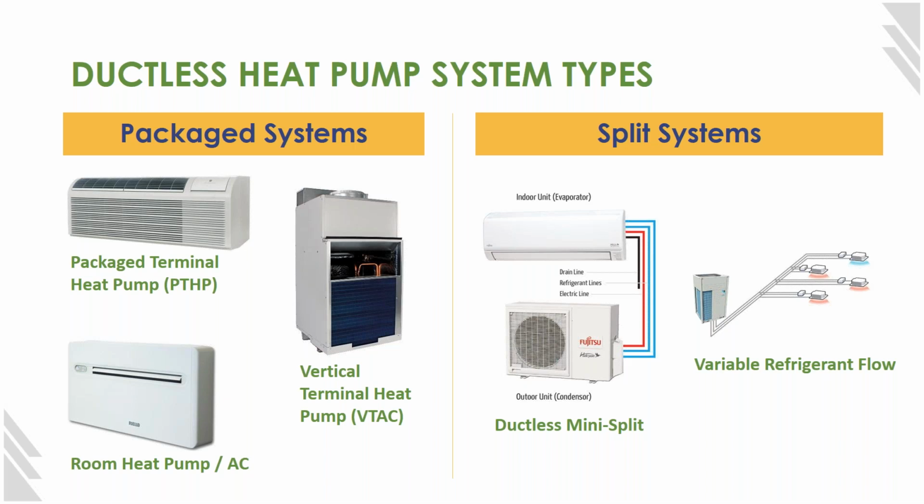And then a room heat pump, or AC. Now, on the split system side, we have largely two major system types: ductless mini splits and variable refrigerant flow, or VRF systems. So we're going to see examples of each of these and talk through the key ideas for each of these different types of systems.